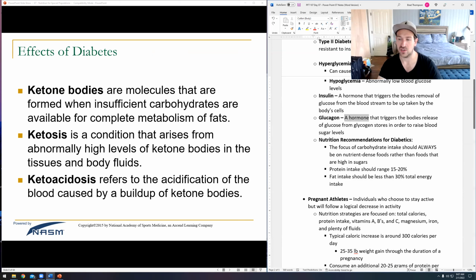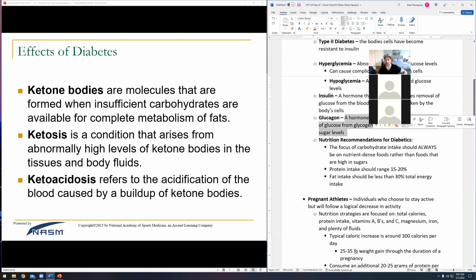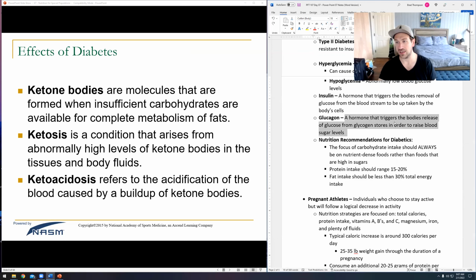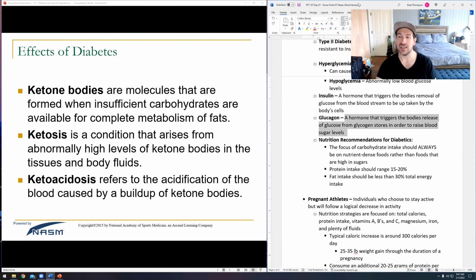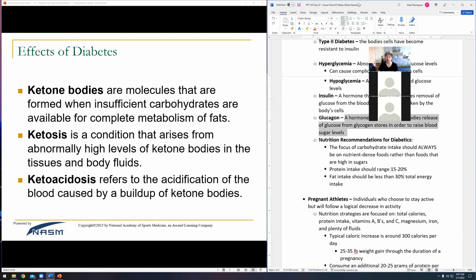Glucagon is a hormone that triggers the release of glucose from your body cells in order to raise your blood sugar levels. So if your blood sugar levels get really, really low, and again, you start getting a little cranky, you start feeling a little unstable, not so great, right? Your body can release glucagon, which will tell your body to release glycogen from your muscles and your liver and things like that in order to get your blood sugar levels back to normal.